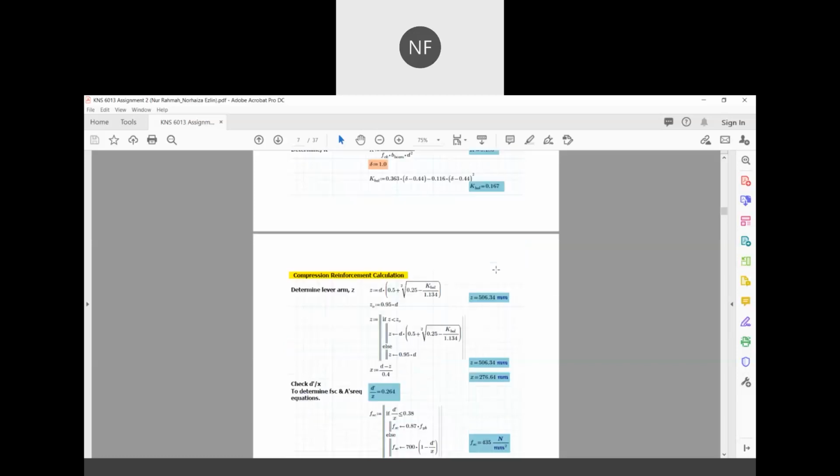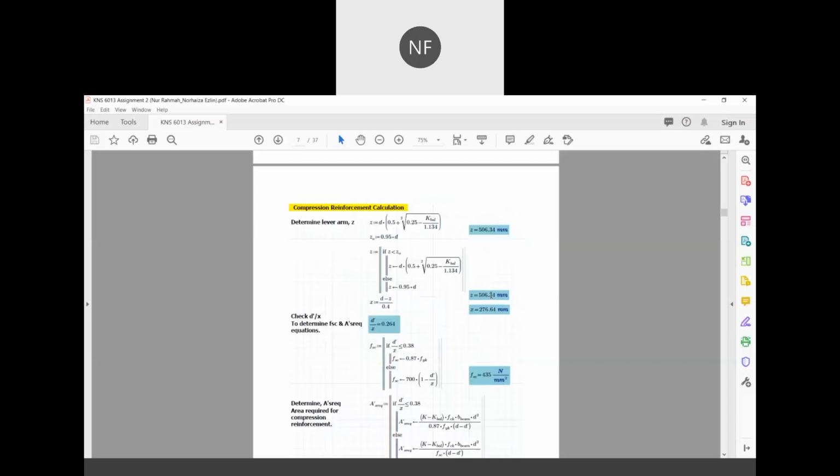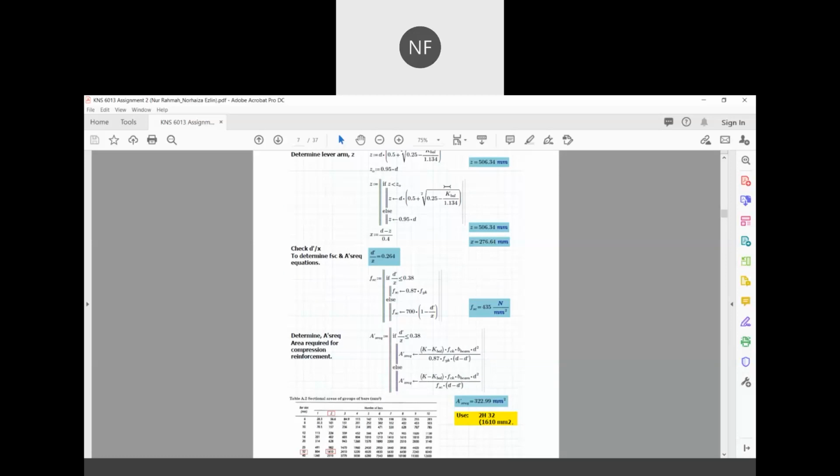Here we obtain z equal to 506.34 millimeter. Here again, the condition is that we need to choose the lever arm that is less than 0.95d. So we use the lever arm to determine the x value, and the x value is equal to 276.64 millimeter.